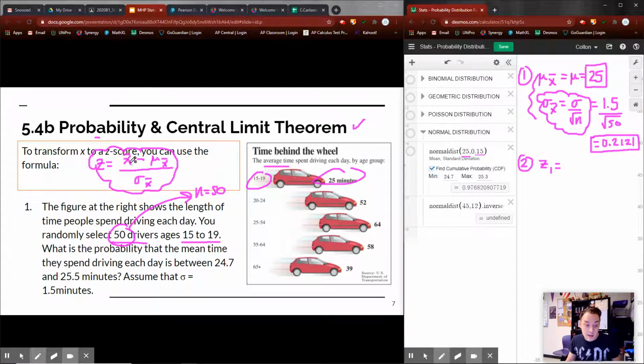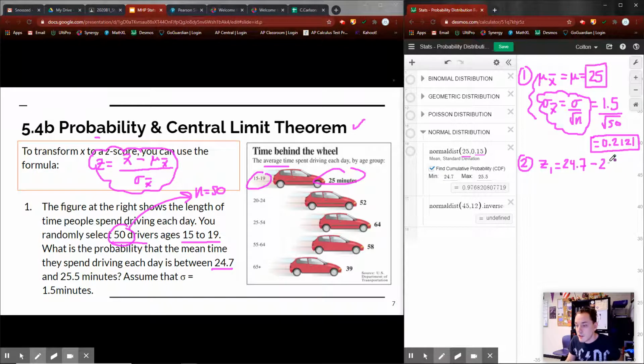My mean. So what's my mean? Well, I'm between 24.7 and 25.5, which means I need to find two separate z-scores because I'm given two separate values, which means I have z sub 1. So what's my first value? It's going to be 24.7. So this is 24.7 minus the mean of my sample means, or my population mean, whatever you want. It doesn't matter because they're equal.